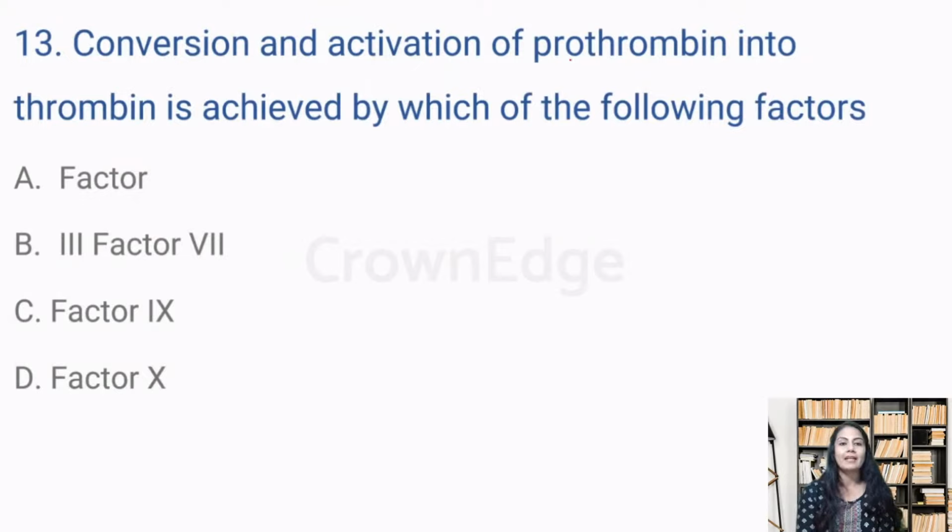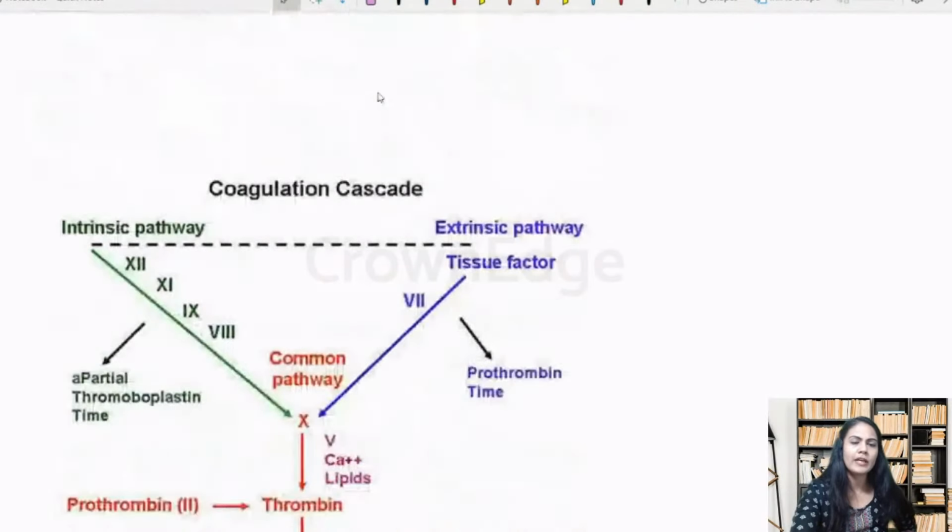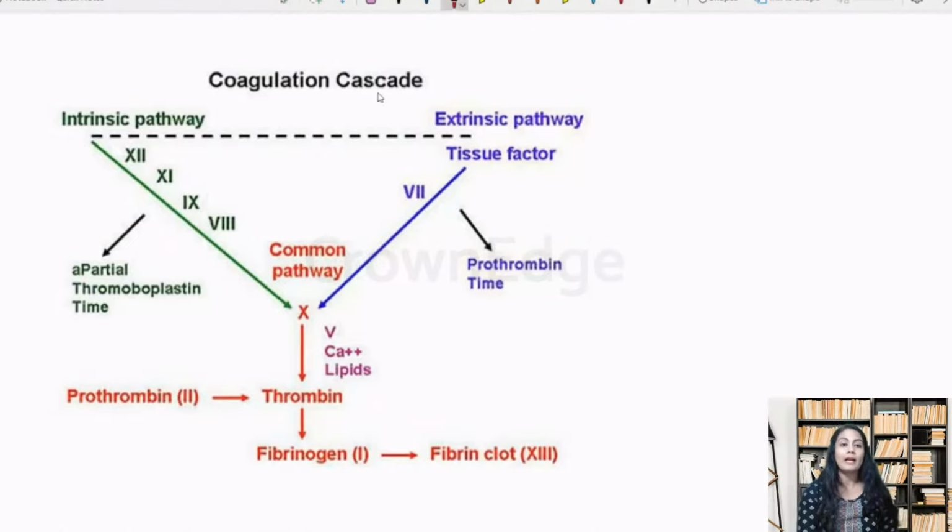Conversion of activation of prothrombin to thrombin is achieved by. This is factor 2. Remember, this is a factor 2 which comes in common pathway. So if you come and see this diagram over here, we already discussed that in the lecture also, blood lecture, coagulation cascade, right? So there is extrinsic pathway and intrinsic pathway.